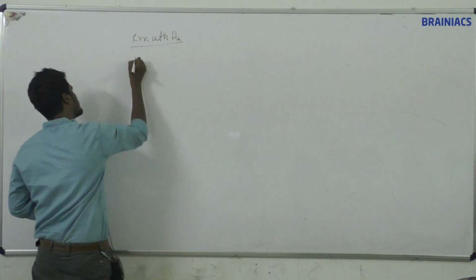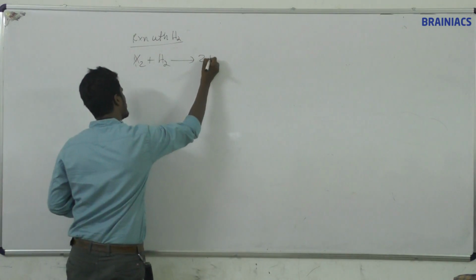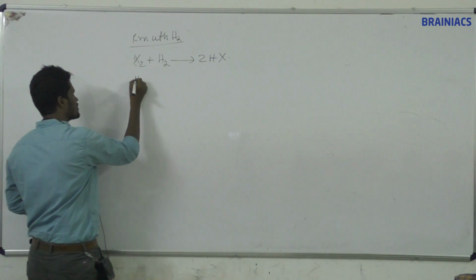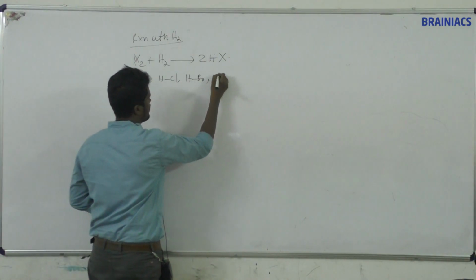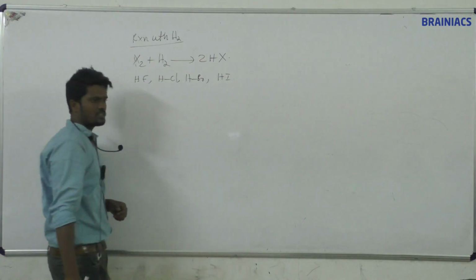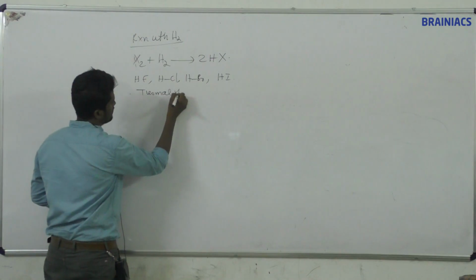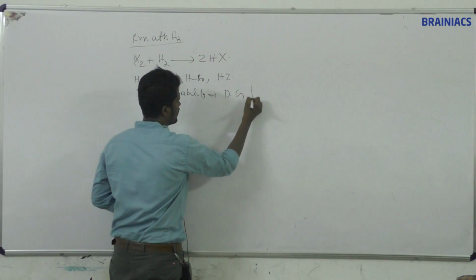Reaction with hydrogen gives 2HX. So what are they? HCl, HBr and HI. Thermal stability decreases down the group.